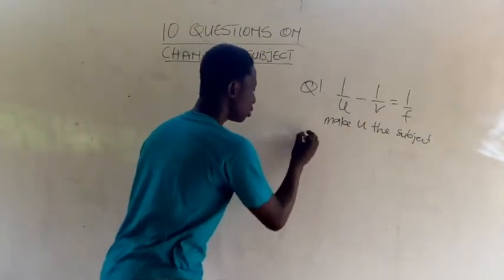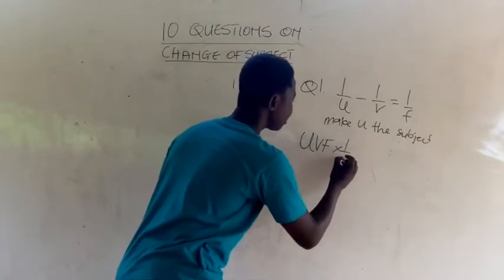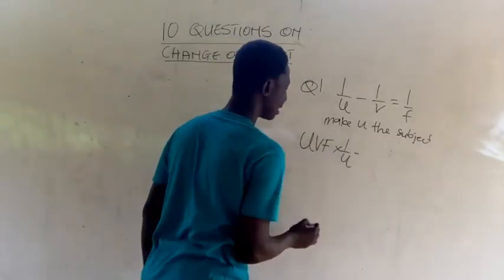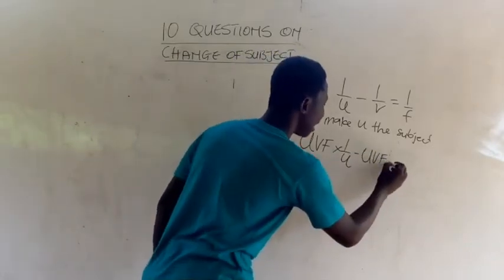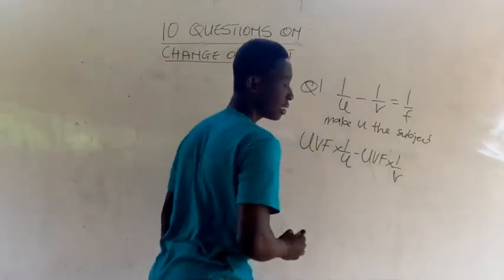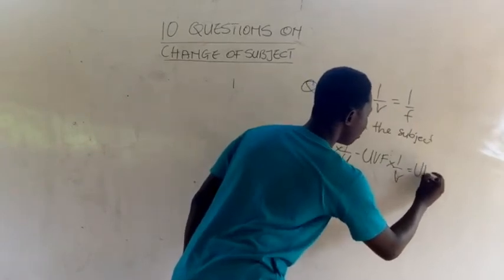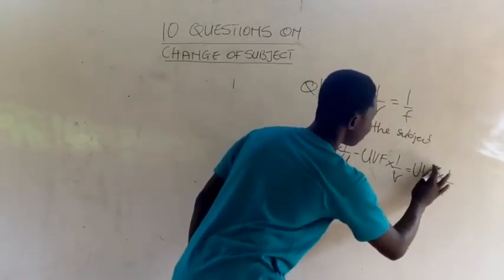So I'm going to get u, v, and f multiplying the first term, 1 over u, equals minus u, v, f multiplying the second term 1 over v, equals u, v, f multiplying the third term 1 over f.